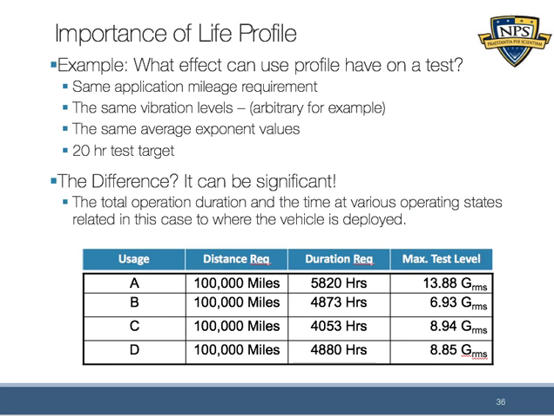So we want a 20-hour test, and without looking at the data in detail, we'll just take it at face value, looking at the usage of that component for different uses, so different geographic locations. Same component, different geographic locations. Because of the location, the vibration data for that component changes.